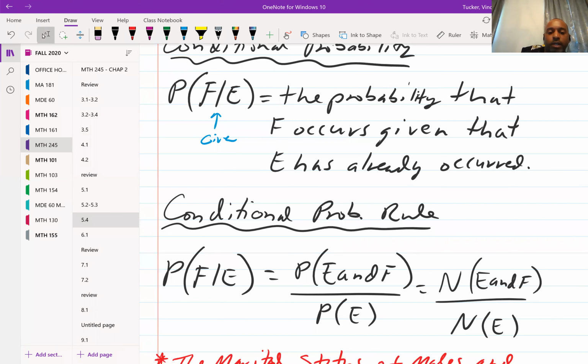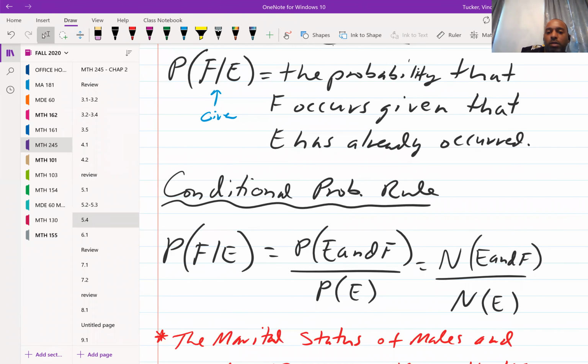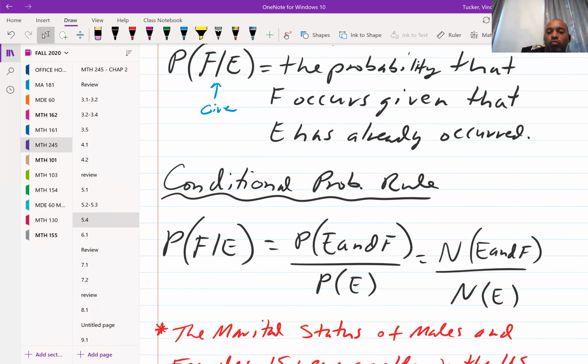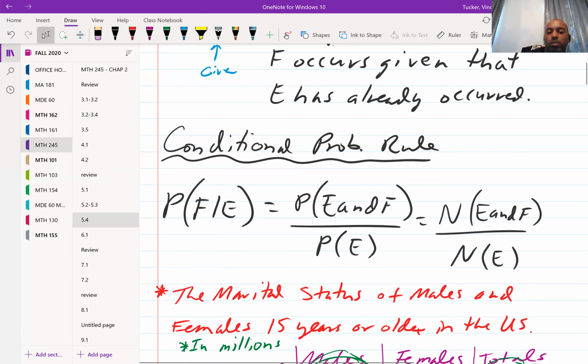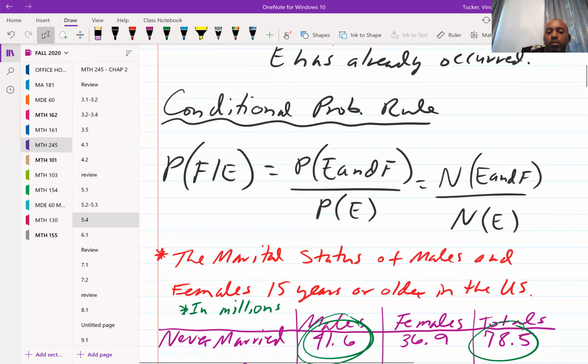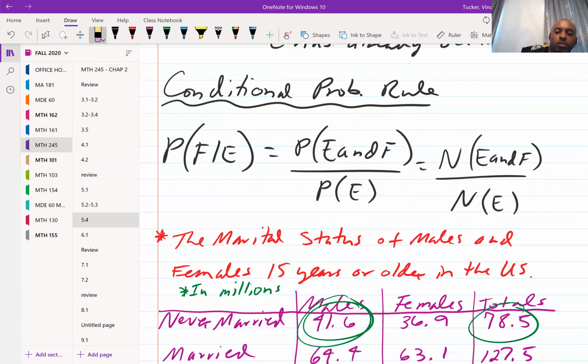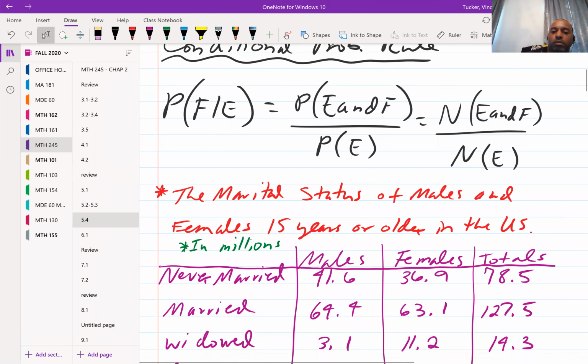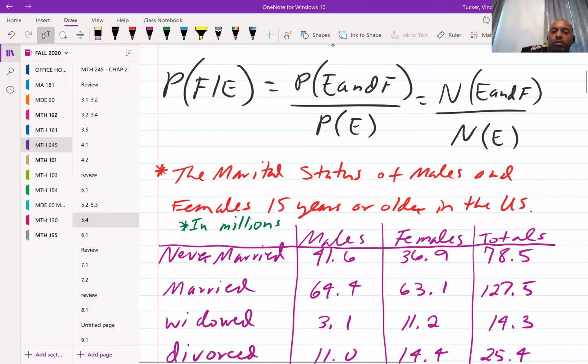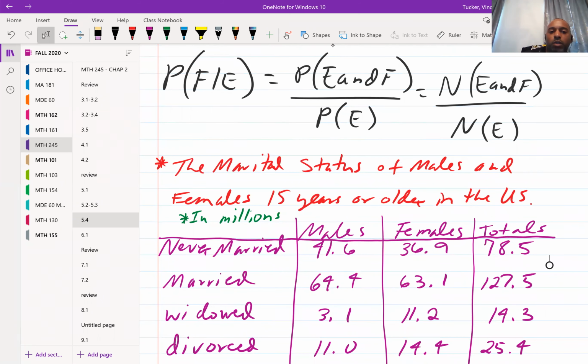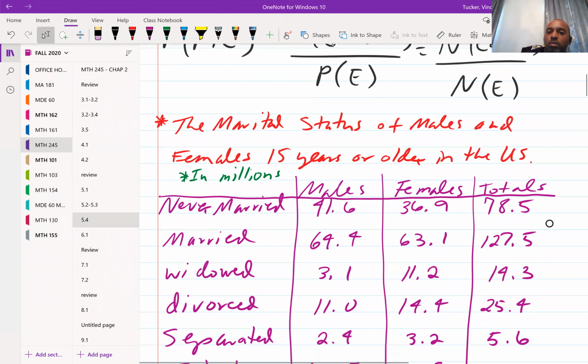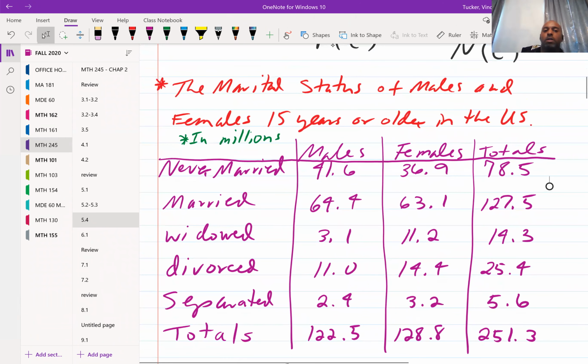We'll put numbers on it in a second. So this chart represents the marital status of males and females 15 years or older in the United States. It's in millions.